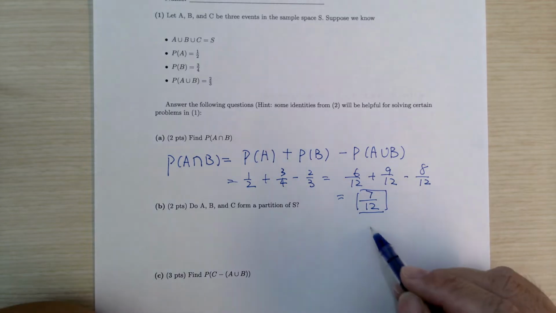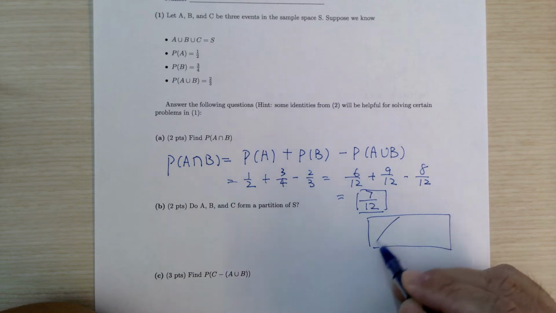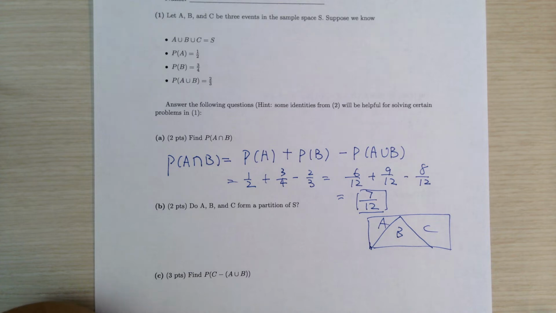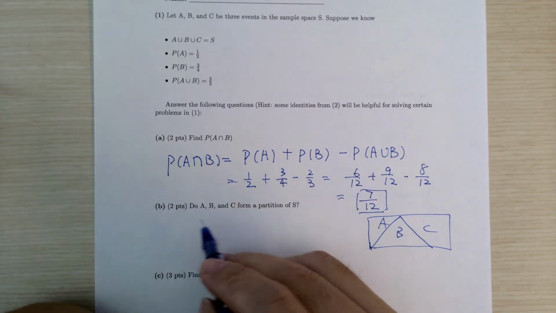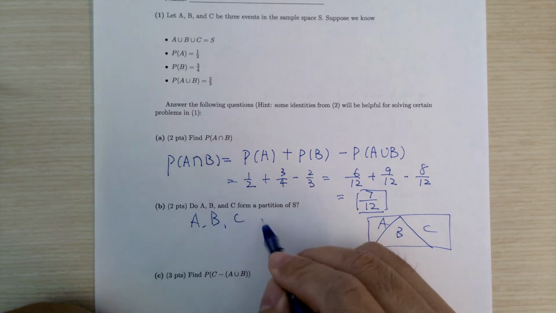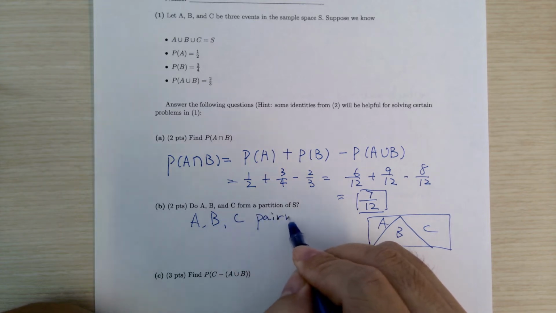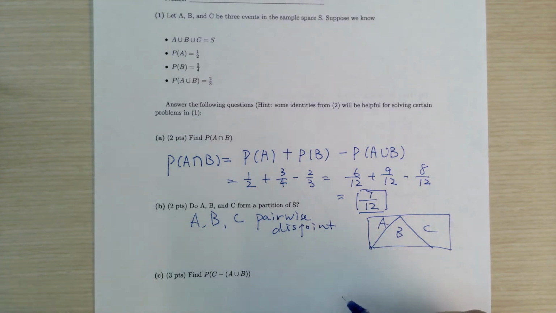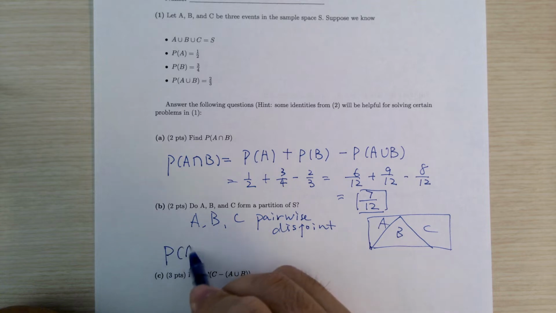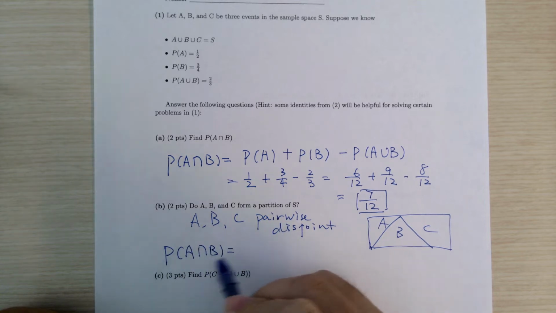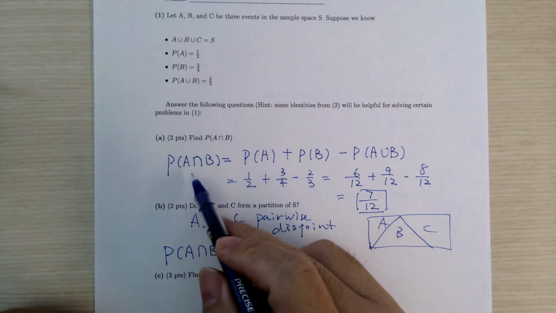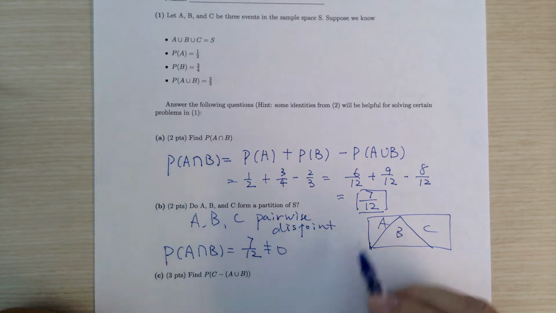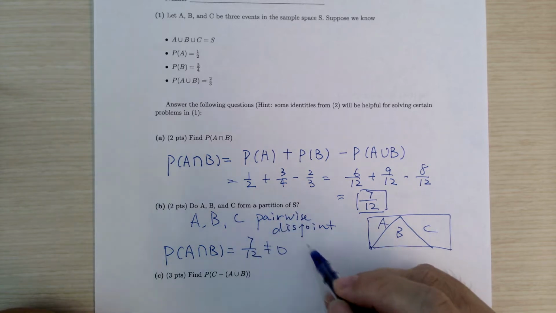So in other words, if A, B, C is a partition, A, B, C must be pairwise disjoint. If it's pairwise disjoint, we know that the probability of the intersection must equal 0. But our P(A intersect B) is 7/12. It's not equal to 0.